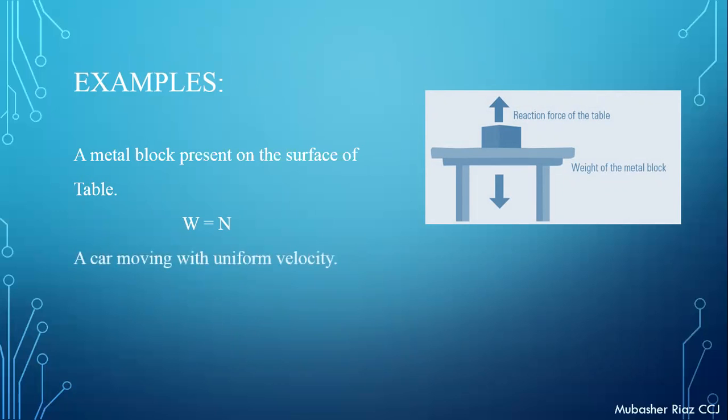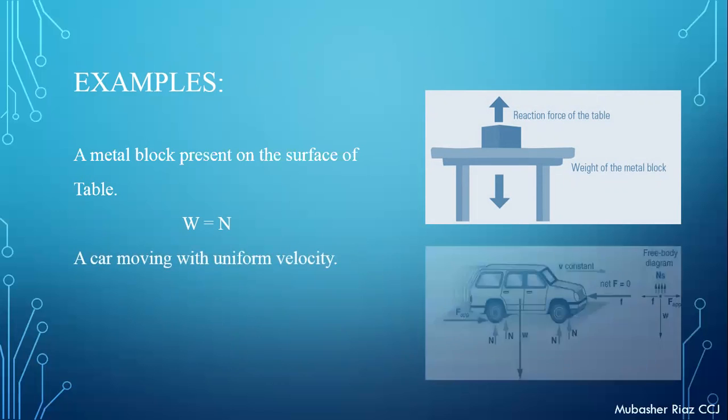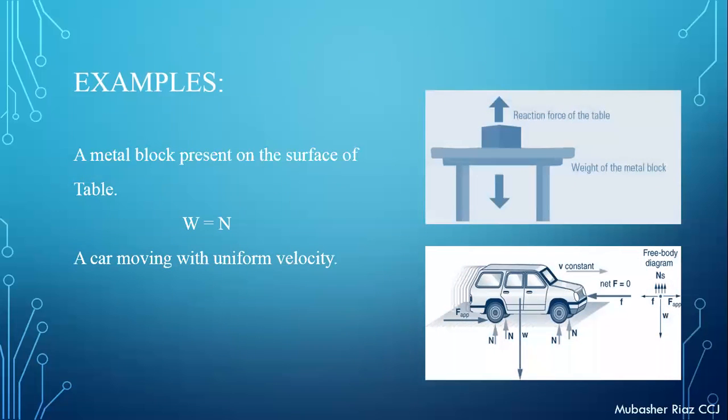Similarly, in the second example, when a car is moving with uniform velocity, there should be this condition: F, which is the applied force or driving force, is equal to the sum of the opposing forces, which are air resistance and friction between the tire surface and the road surface.